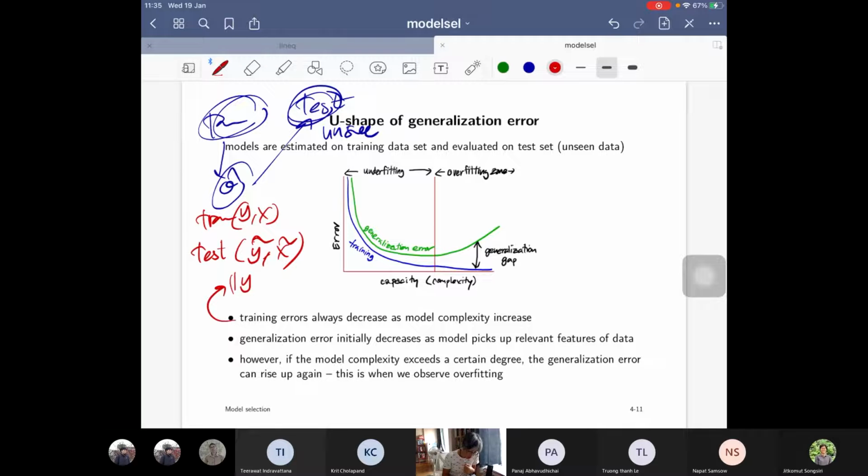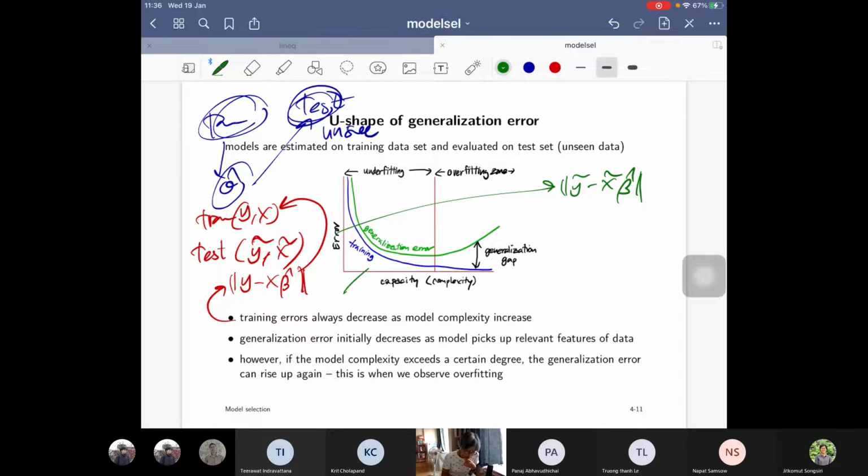The training error would be y minus x beta hat, where my beta hat is estimated from the training set. For the test error, that would be y tilde minus x tilde beta hat. That's the way you evaluate it.